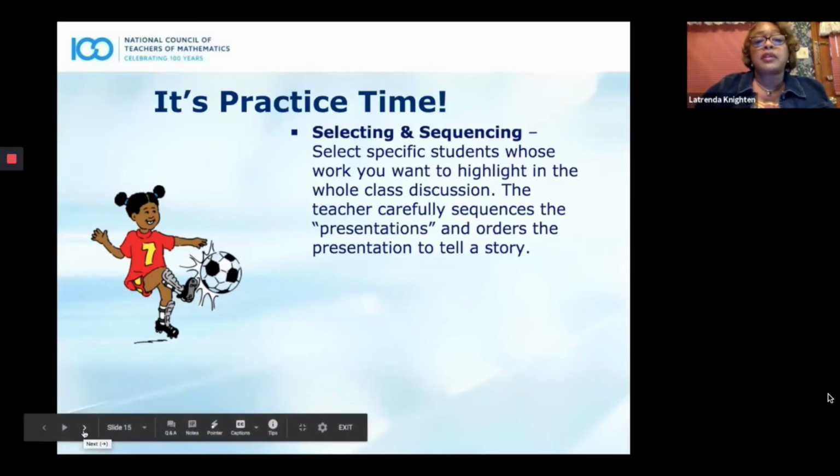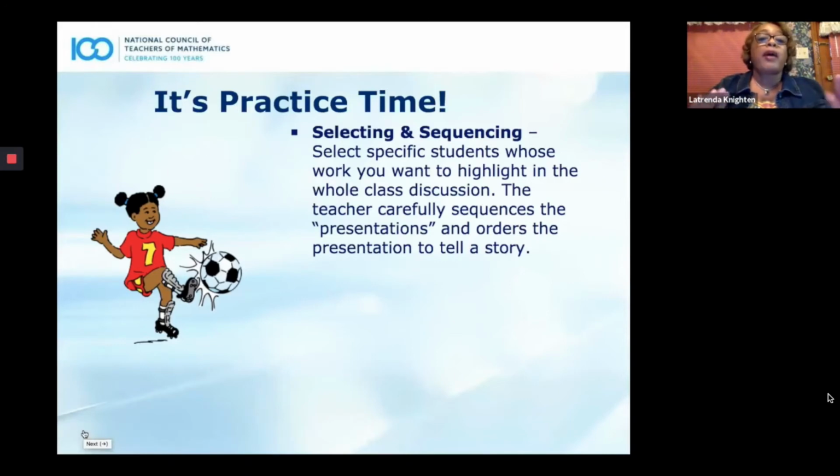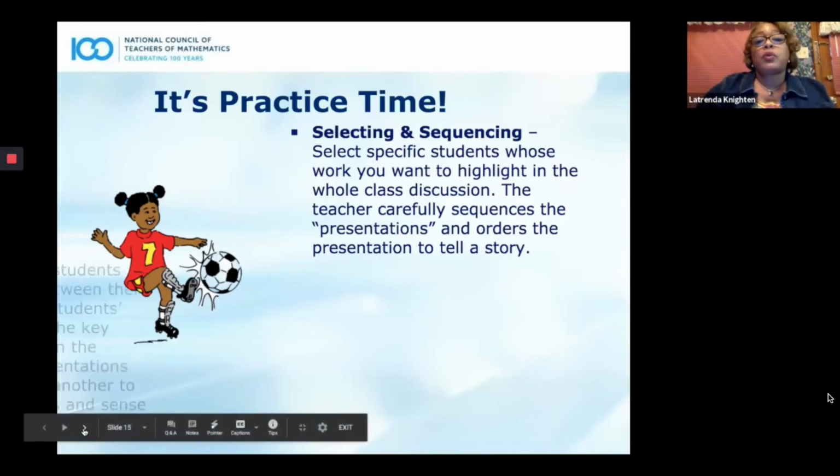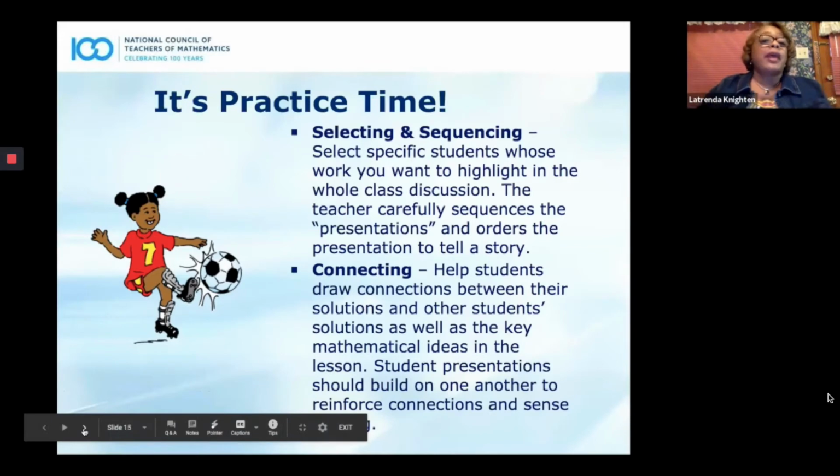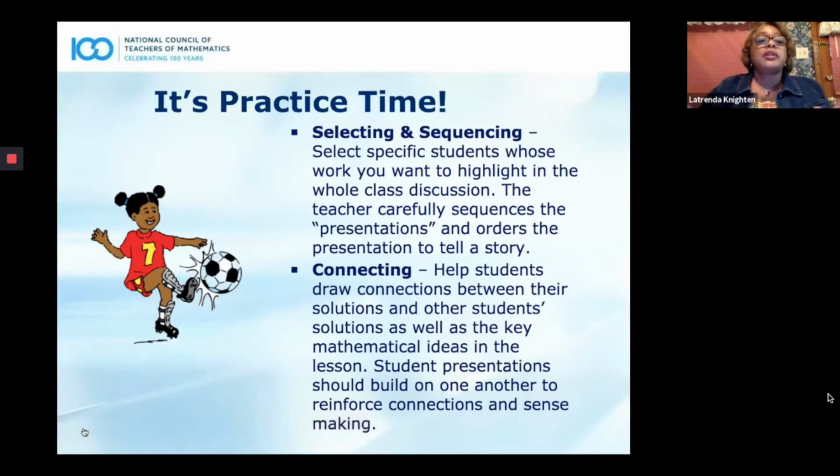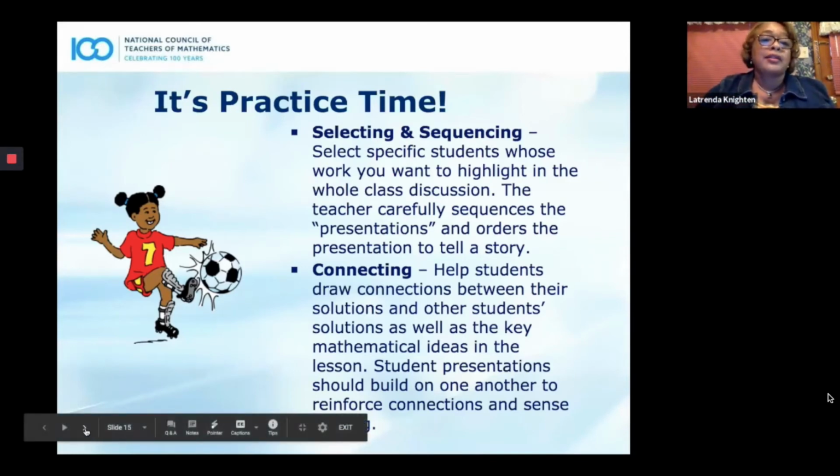You really have to consider the task, consider your students, and consider the situation when you think about how you want to tell that story. And the last piece is making those connections so that students can connect their work to each other and also make sense of it and how it relates to the mathematics.